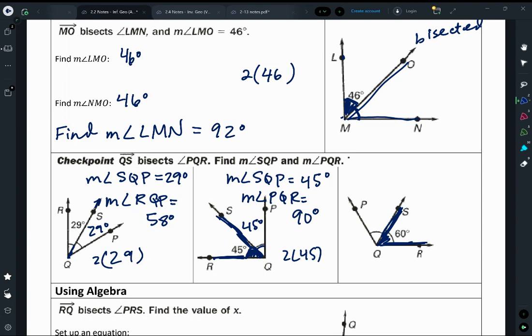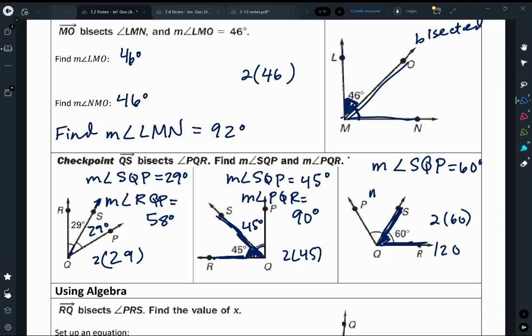But the reason that I say that we're multiplying it by 2, I'll do this last one as well, is that I think if you're thinking about multiplying by 2 or dividing by 2, it's easier to work backwards when you have the big angle and find the smaller one. So SQP, it's already labeled. Oh yeah, 60 for both, so that one's 60.